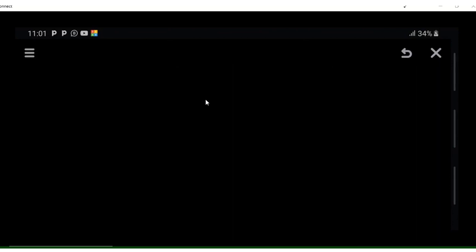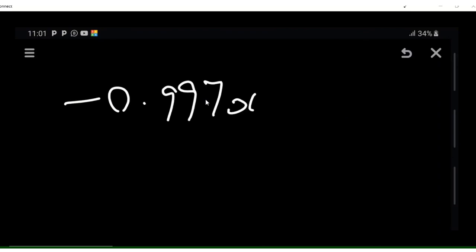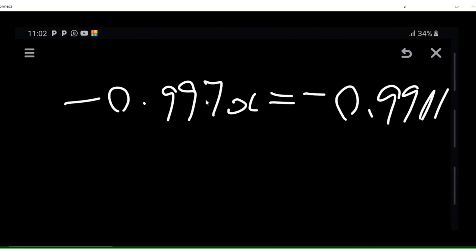So I'm having minus 0.997x is equal to 14.01 minus 15.0001, which is giving me a negative 0.9901.